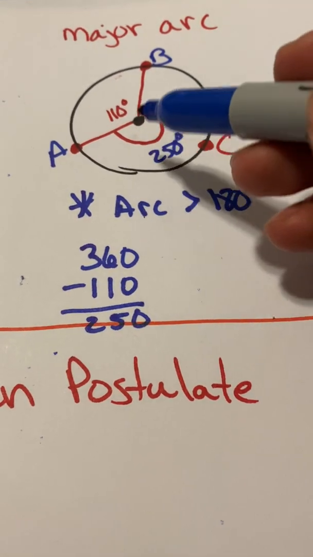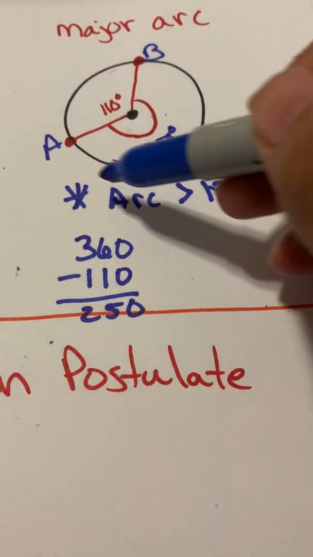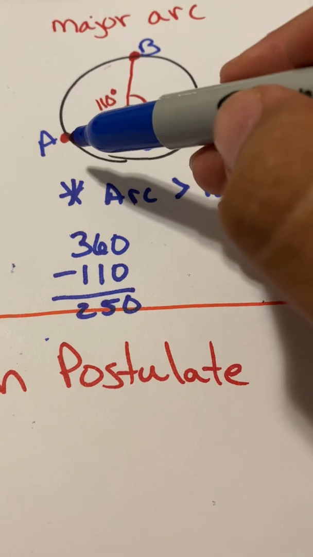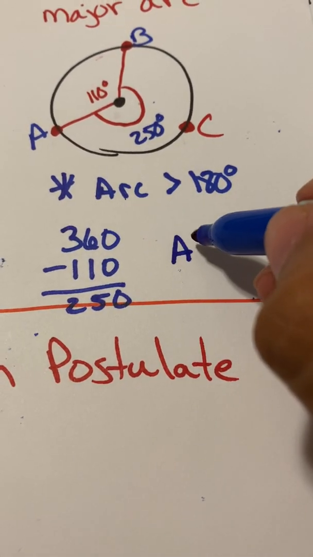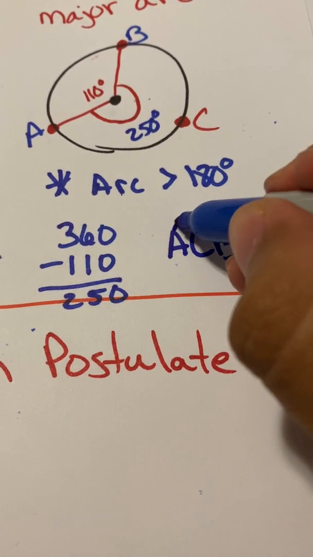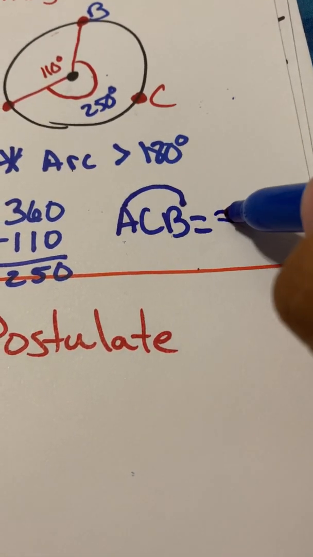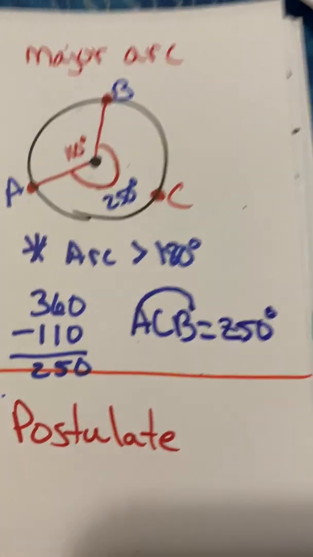So what we're going to do instead is add that third letter, like I said, so that we can show that we're actually talking about this bigger arc. So when we write that down, it's going to be arc A, C in the middle, and then it goes to B. So arc ACB is going to equal 250 degrees. And that's how you would write that one.